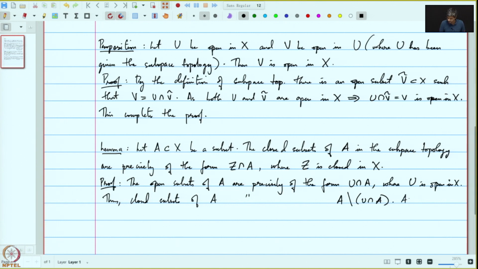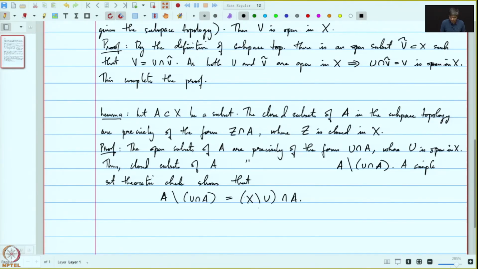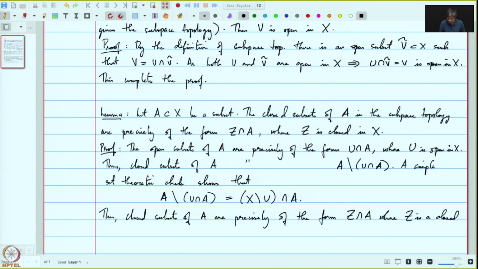Now a simple set theoretic check shows that this equals (X minus U) intersection A. But X minus U is a closed subset of X. So thus closed subsets of A are precisely of the form Z intersection A, where Z is a closed subset. So this is our Z.